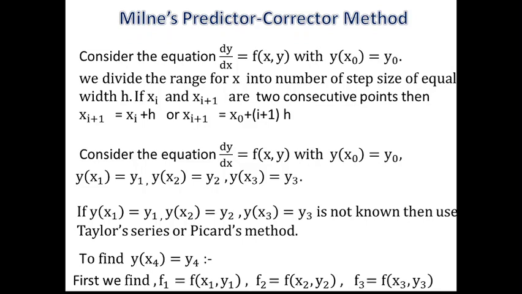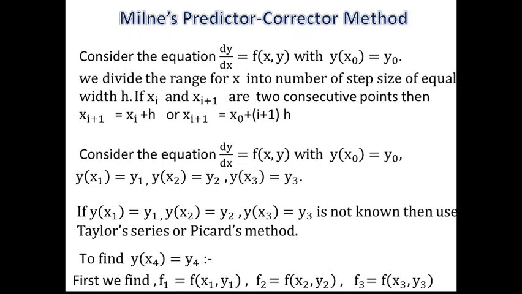The initial condition provides the information at the first point x naught, but 3 more points are required before we apply the multi-step method, that is Milne's predictor corrector method.